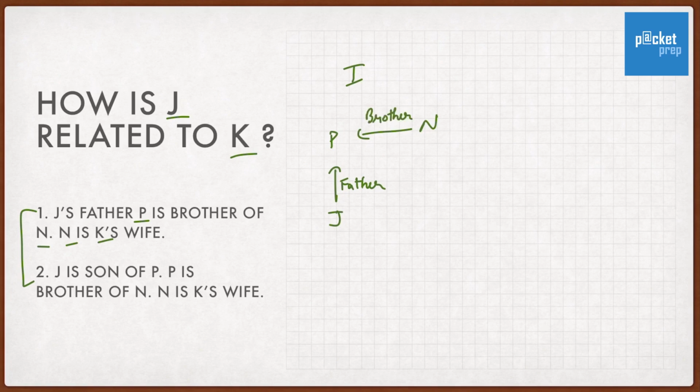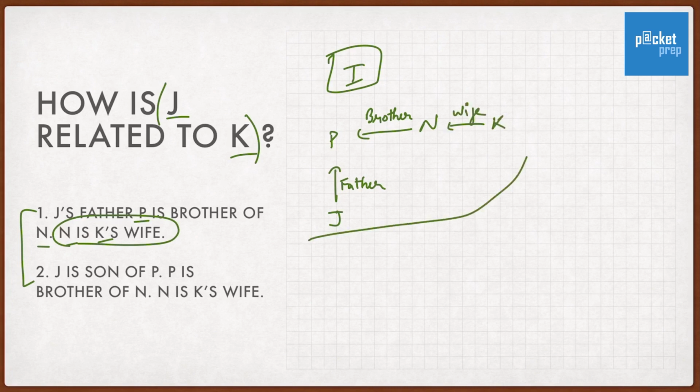Now in the question it is given, how is J related to K? We have to find out the relationship between J and K. But by using statement 1, the last statement is given as N is K's wife. So wife of P's brother N is K. Now we have represented statement 1 in a diagram.